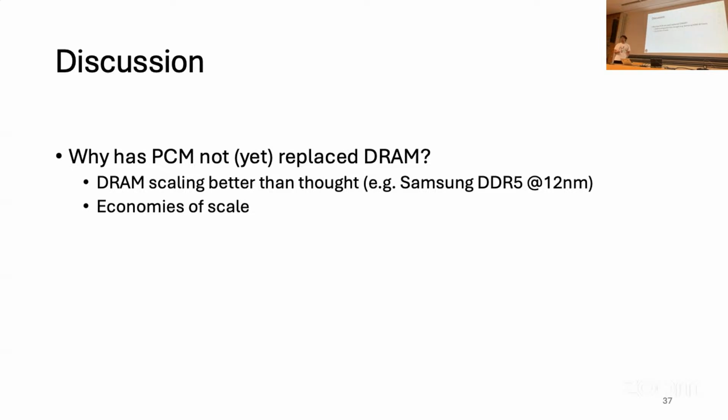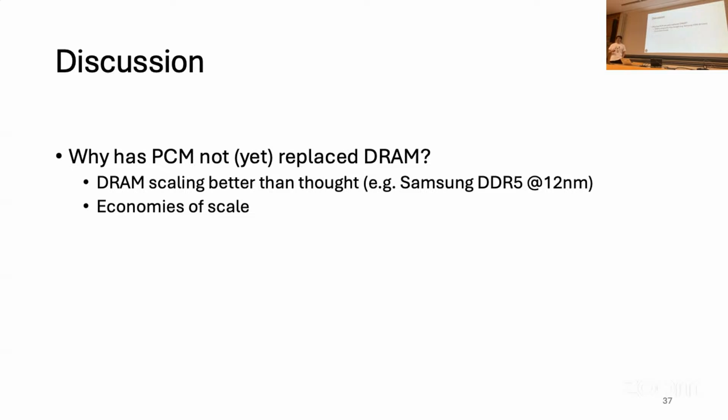And secondly, economies of scale. This is, I guess, related to manufacturing. You can sell DRAM chips very cheap because you can amortize the cost among a lot of sold units. While when you're starting with a fresh new technology, you might not have that many clients yet.